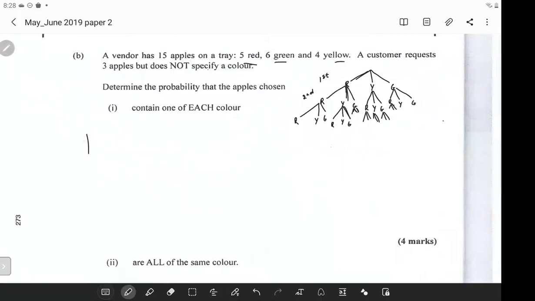So the probability is equal to, now it is chosen without replacement, so let's just write it out.